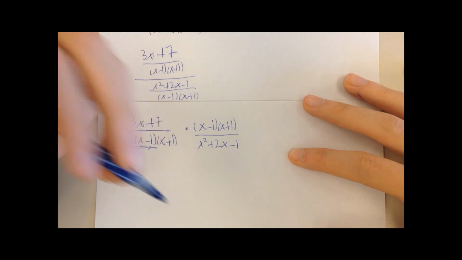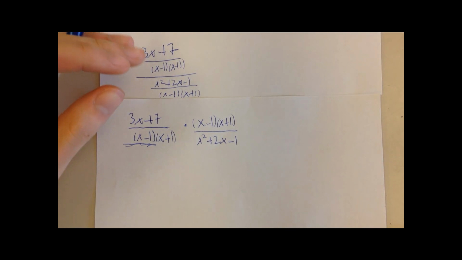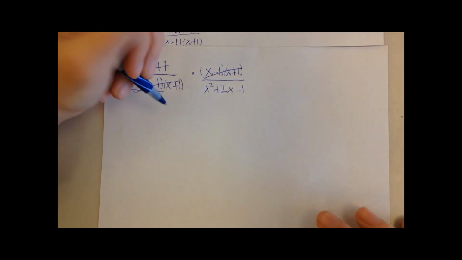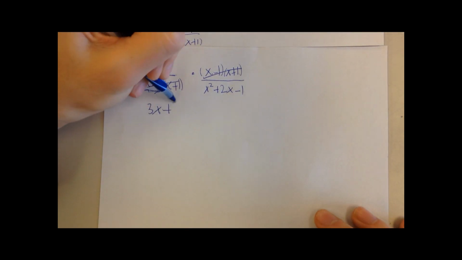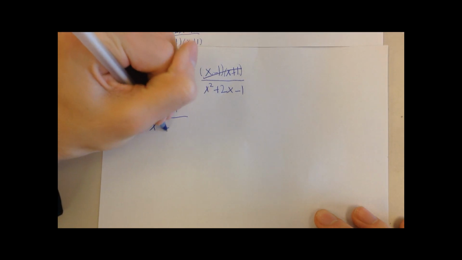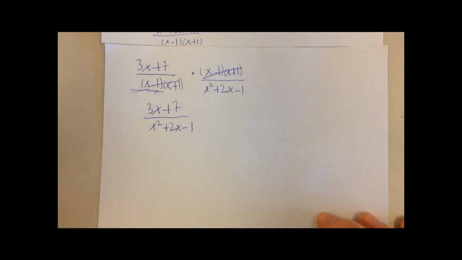Now when we multiply these, these terms cancel out, so we are just left with 3x plus 7 over x squared plus 2x minus 1, which is the same answer we got last time.